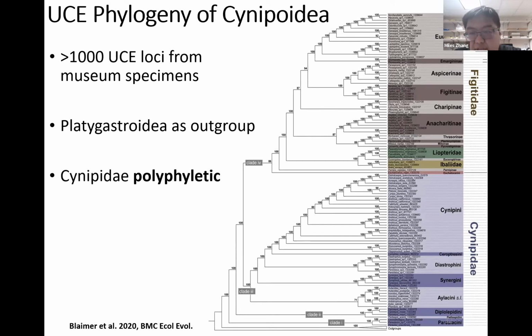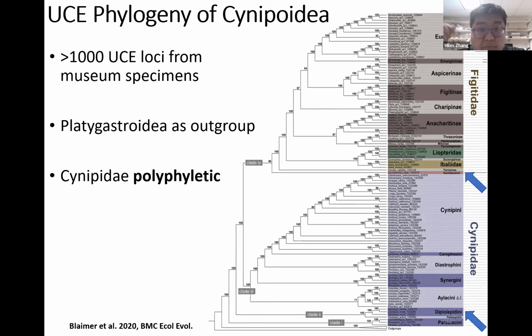But what is immediately different about this one, don't worry too much about the colors, is that Cynipidae is no longer monophyletic. In fact, it's polyphyletic. On the bottom where it says Cynipidae, those are, I guess, the core cynipids. But then you have a few groups that have popped out in different parts of the tree.